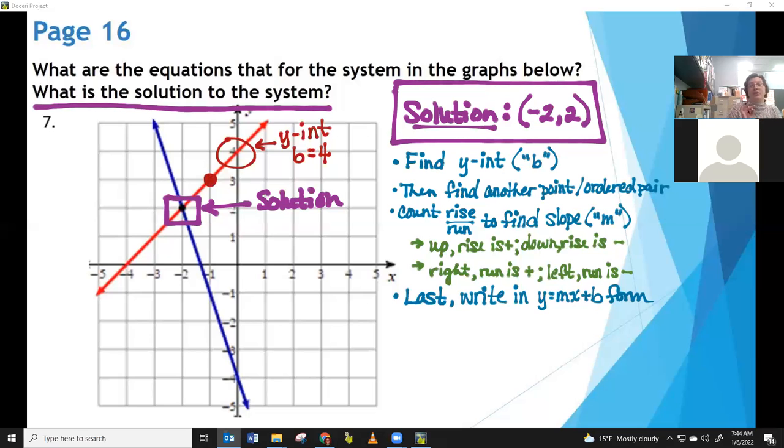Okay, I need rise first. So I need to go up or down first. So from the y-intercept, do I go up or down to get to this other point? I go down. I go down how far?